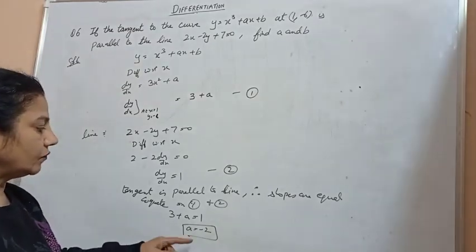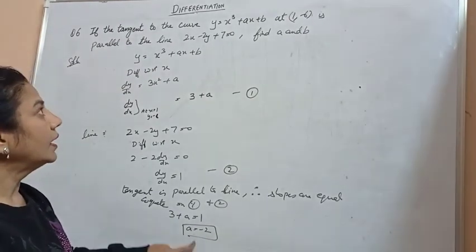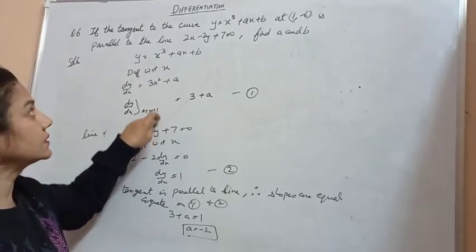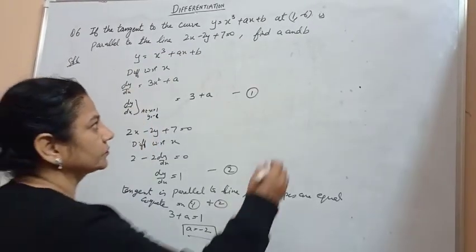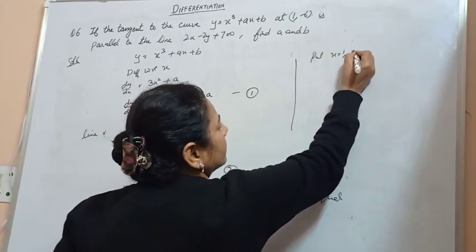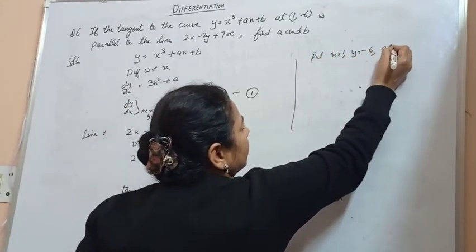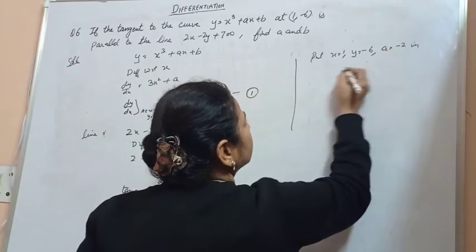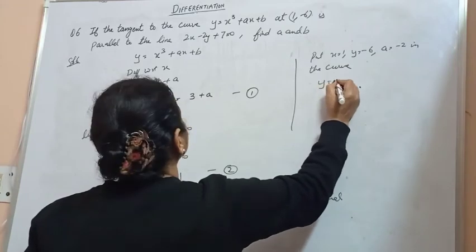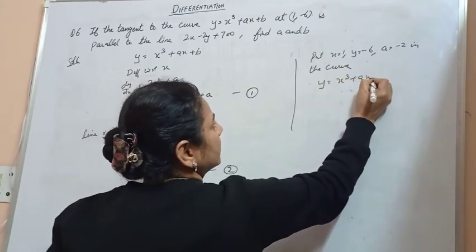Now put the value of a as minus 2, x as 1 and y as minus 6 in the given curve y is equal to x cube plus ax plus b.